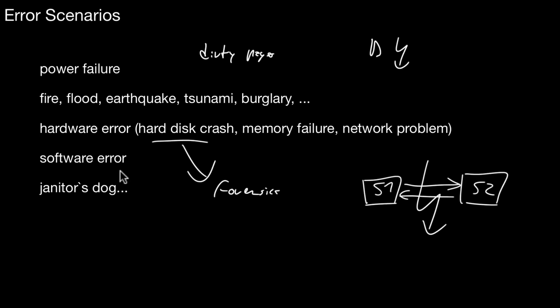If you think about these error scenarios, it's clear that they are not solely important to consider for database systems. For any software that is important, any software that should be up and running 24 hours a day, you should be worried about these scenarios. So recovery is something you should worry about in any software.